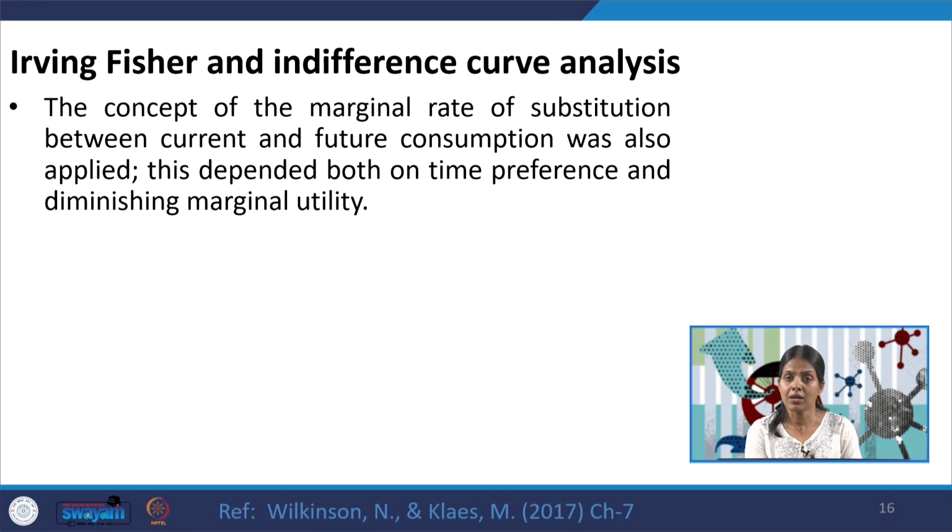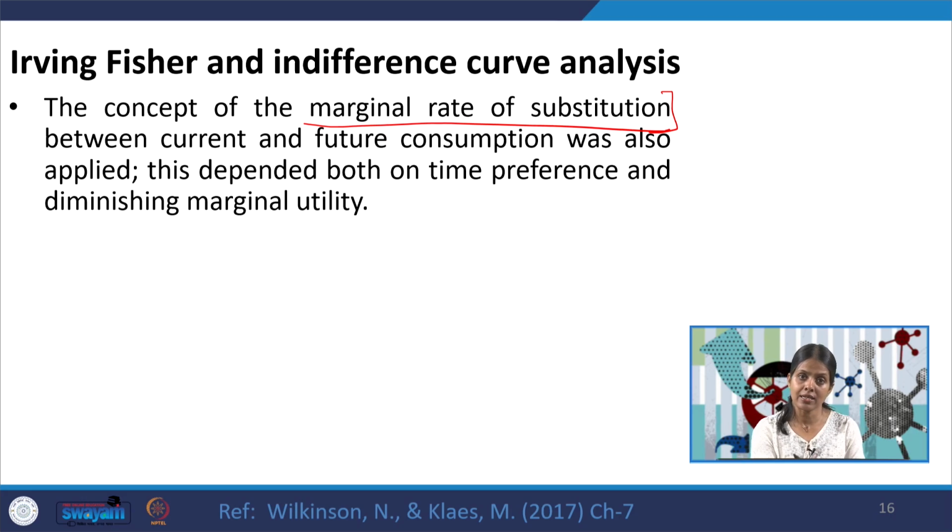The concept of the marginal rate of substitution between current and future consumption was also applied. This depended both on time preference and diminishing marginal utility. So, those who are already familiar with the concept of marginal rate of substitution understand that when there are two goods x and y, then the marginal rate of substitution essentially tells us the rate at which we need to substitute x by y or y by x in order to maintain the same level of utility.